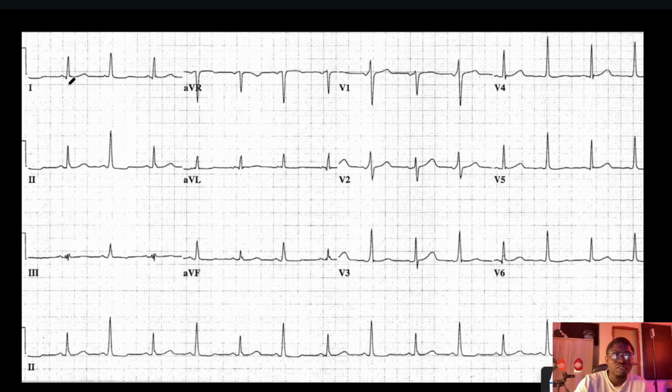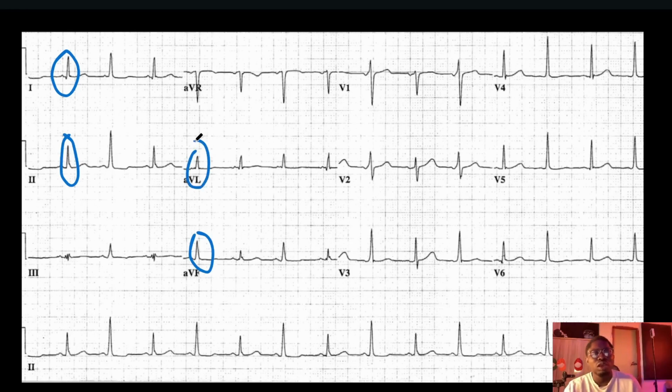We see a positive QRS on lead 1, on lead 2, and on AVF. Very easy to see and figure out. AVF and AVL as well could help. So normal cardiac axis.